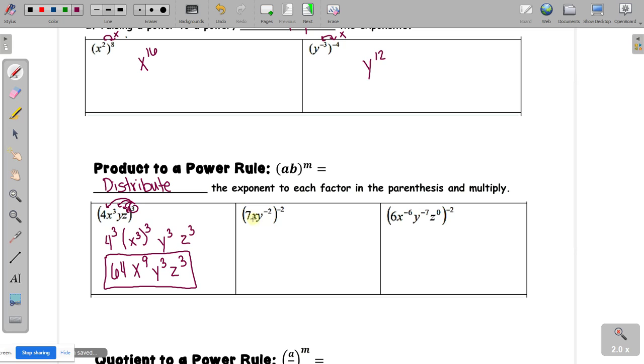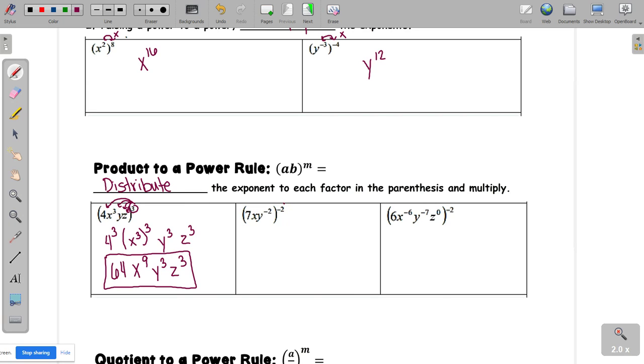The next one, we have 7xy to the negative second, all raised to the negative second. So there's two ways you can do this problem. We're going to do it one way, and then the next problem I'll show you the other way to solve it. So you can choose either way.